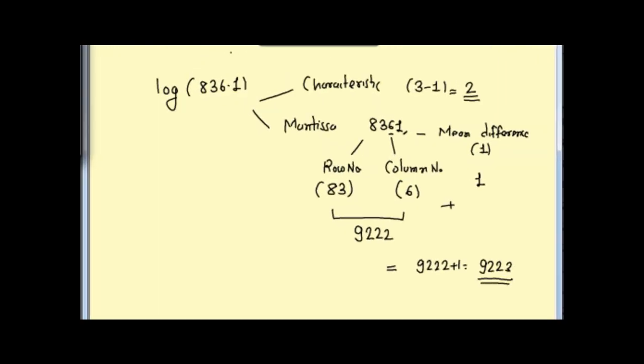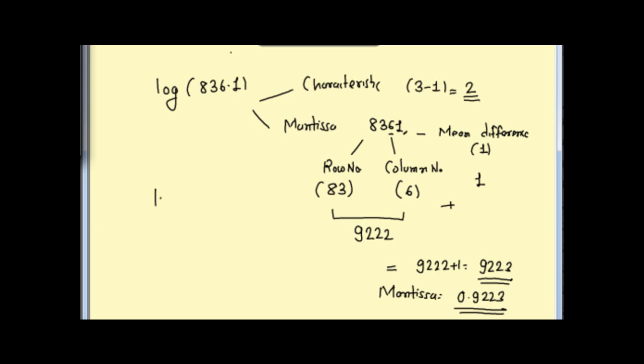Okay, this is the number that we'll get from the log table, but to find the actual mantissa part, you have to place a decimal point before all these digits. Mantissa is equal to 0.9223, right?